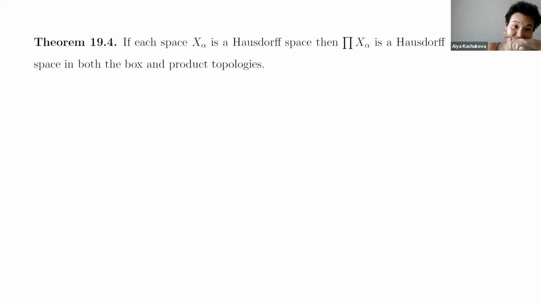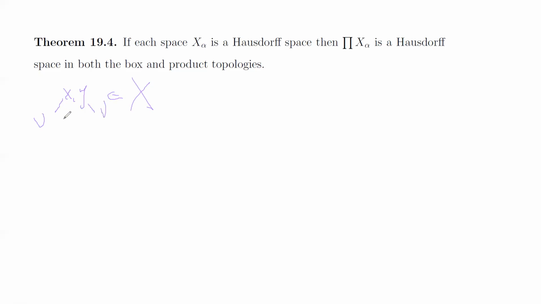I forgot the definition of a Hausdorff space. Oh, okay, what was it? I'll write it here. It's simple. If we have two points X and Y which are different, then we can find two open sets, U containing X and V containing Y, such that U and V do not intersect, like U intersect V equals the empty set.